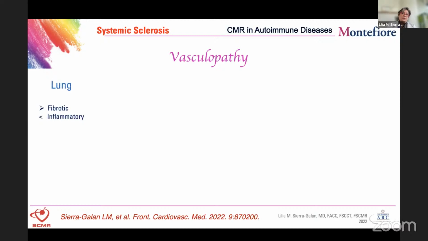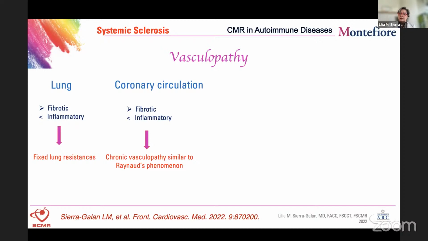And then the vasculopathy. For the vasculopathy, the lungs are affected. As I mentioned before, this disease is more fibrotic and less inflammatory, but in the lungs it is going to produce fixed lung resistances. In the coronary circulation it is the same, more fibrotic, less inflammatory, and it is going to produce a chronic vasculopathy similar to the Raynaud phenomenon.